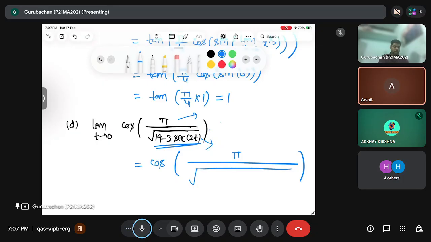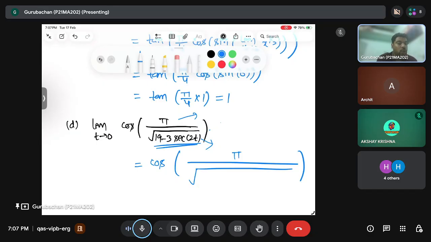And what is the domain of square root of t? Sir, 0 to infinity. What is the neighborhood of 0? Sir, the right-hand neighborhood. So that means the intersection will be the right-hand neighborhood.